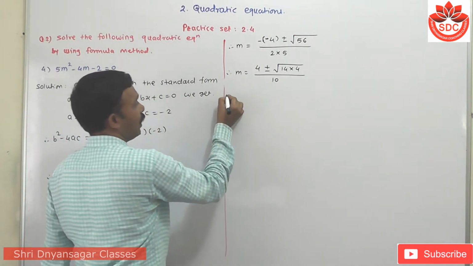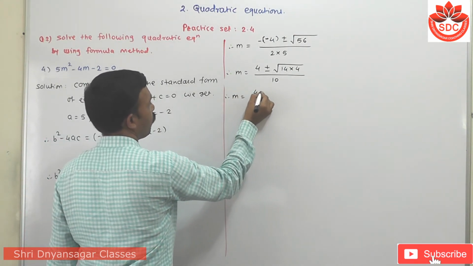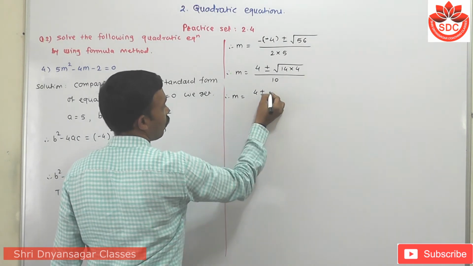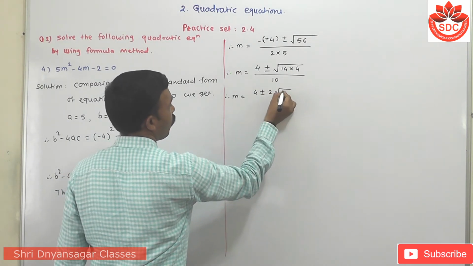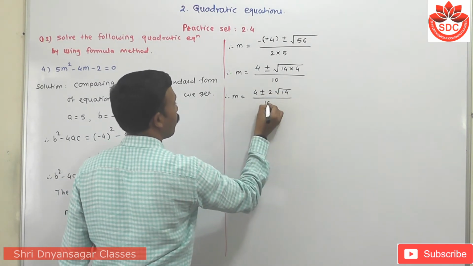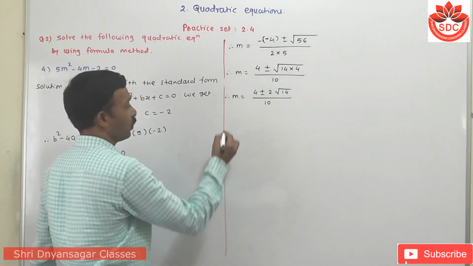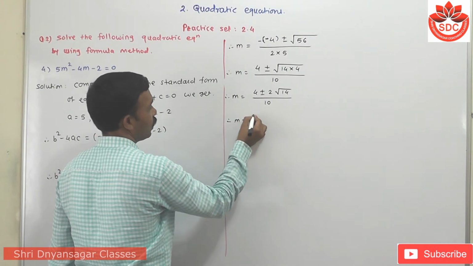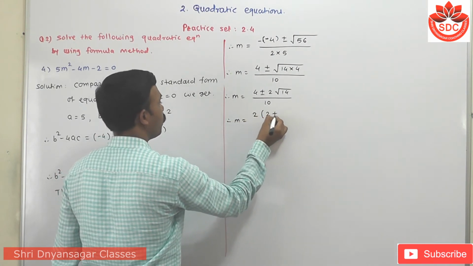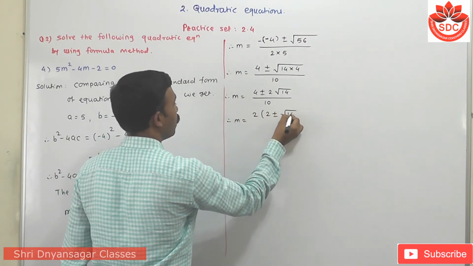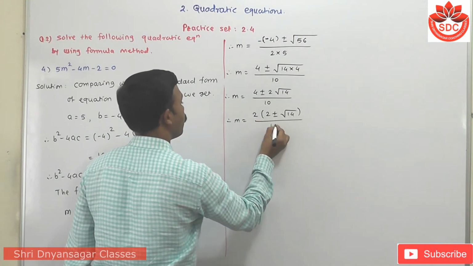Then the next step is m is equal to 4 plus minus square root of this 4 is 2 in root of 14 upon 10. Again, student, we take common 2 from this value. Therefore m is equal to 2 in bracket 2 plus minus root of 14 upon 10.